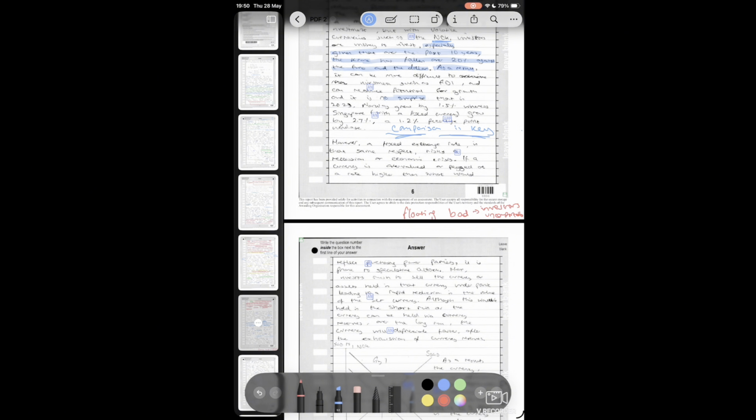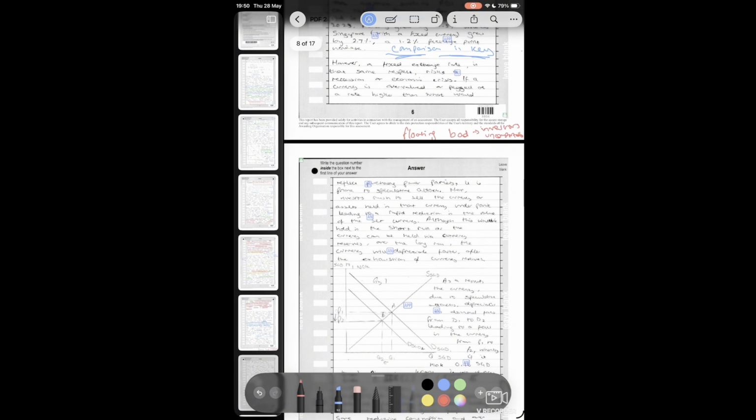If a currency is overvalued or pegged at a higher rate than what would reflect its purchasing power parity, it is prone to speculative attacks. Given my point immediately right there. Here, investors rush to sell the currency. Now I'm giving what is happening. I'm telling the examiner.